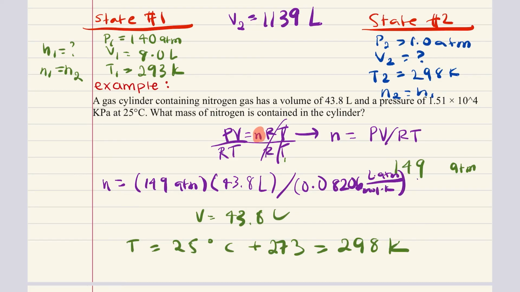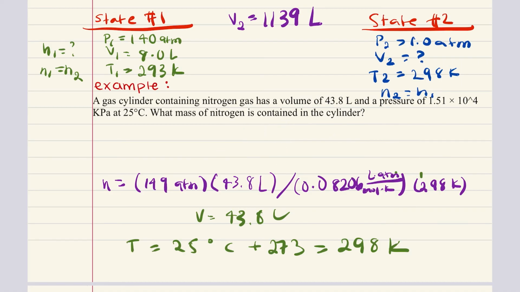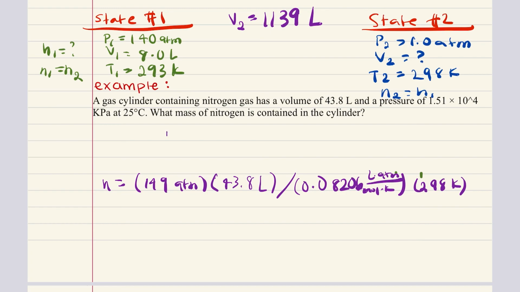And then temperature is 298 Kelvin. If we plug this into a calculator, what we're going to get for moles is 267 moles. That is the number of moles.